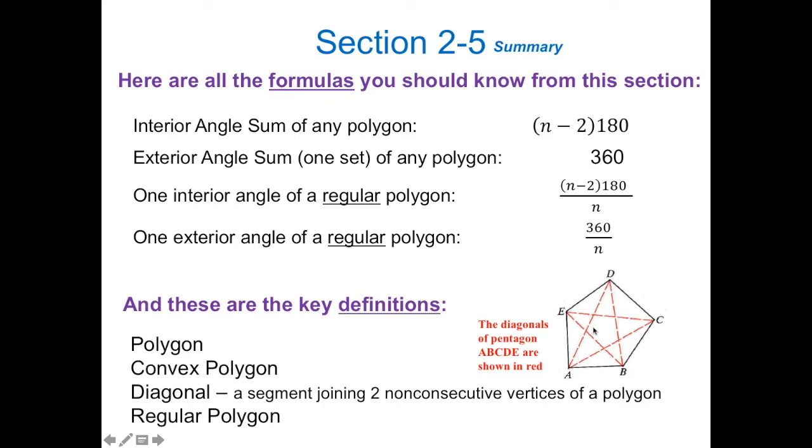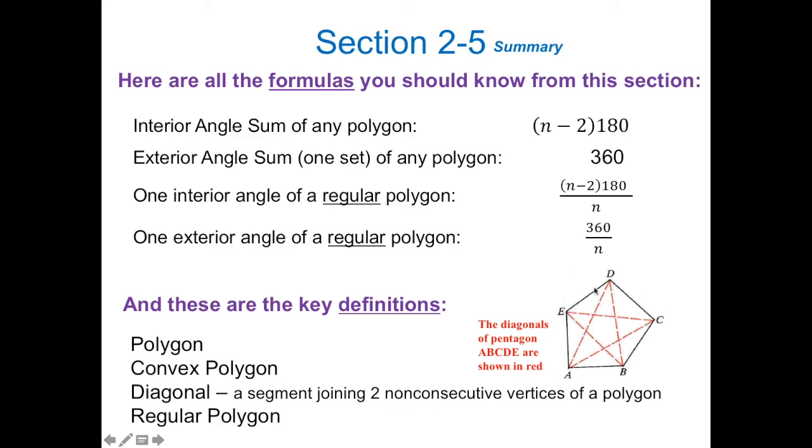The endpoints of the diagonals will be the vertices of the polygon, okay? So if you can draw a line segment from one vertex to another vertex of a polygon, and it is not a side of the polygon, then it's a diagonal here, okay? So it's a segment joining two non-consecutive vertices of a polygon.